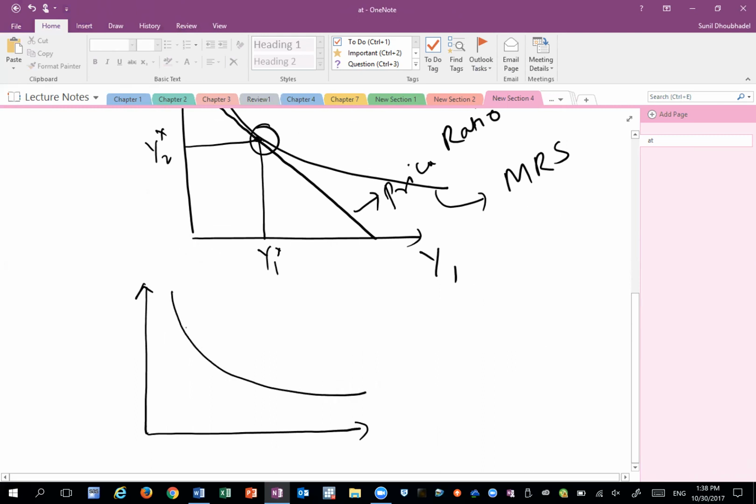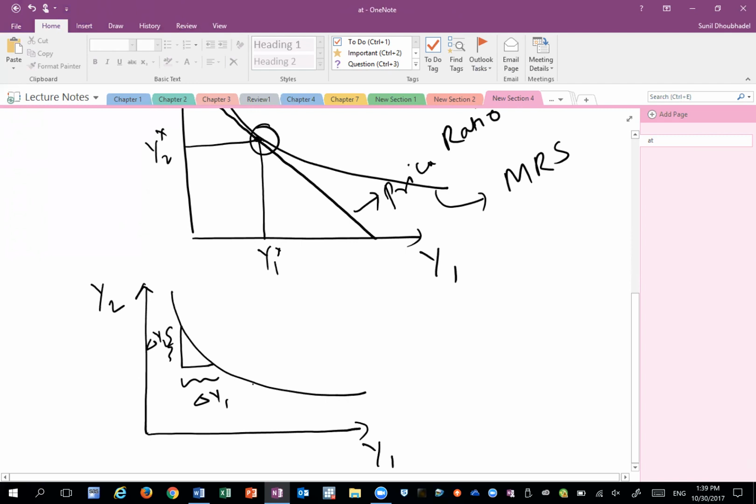Because if you look here, at this point, let's say this is y2, y1, to gain this much of y1, you are trading with this much of y2, right? To gain this much of y1, you need to lose this much of y2.